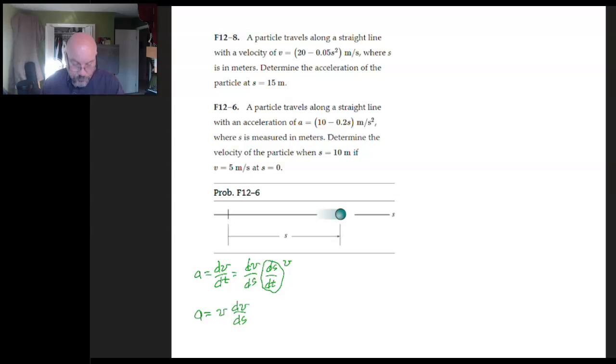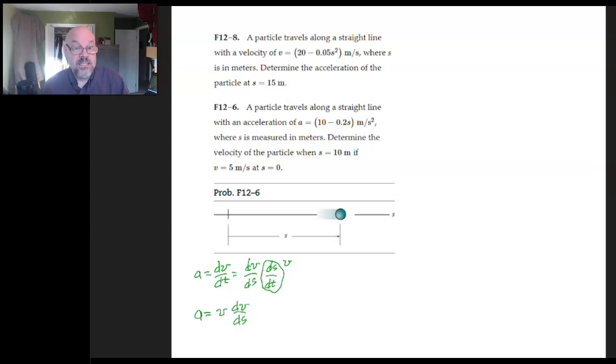Now this is useful if we have acceleration given to us as a function of position. And sure enough, look at number 8. A particle travels along a straight line with a velocity of v, such and such, where s is in meters. So the velocity is a function of position.